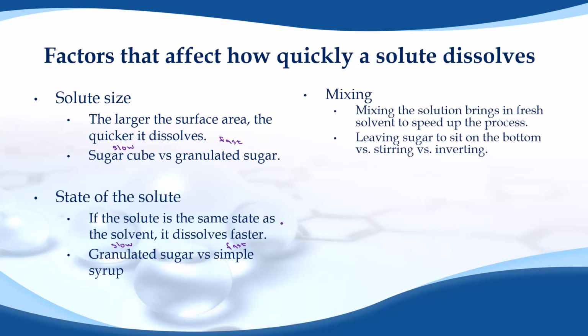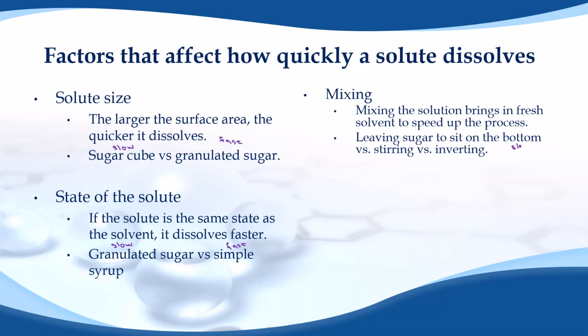The third thing that affects how quickly a solute will dissolve is the type of mixing that you do. Right? Because what happens when you mix the solvent, so when you stir it or whatever, is that you bring in fresh solvent particles that can then attack and surround the individual solute particles.